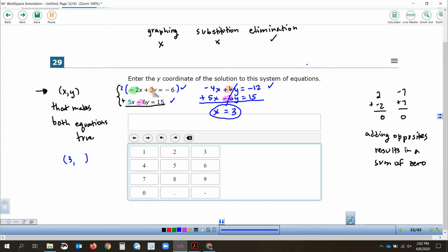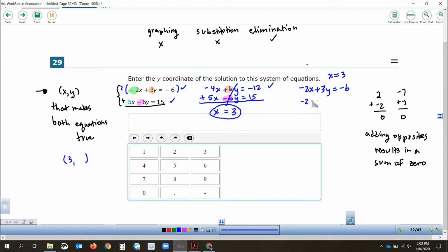All right, I like to use one of my original equations whenever possible. So I'm going to go back to that equation right there. -2x plus 3y equals -6. Again, there are many x's and y's that will make that true. But what do we know? We want to find the y that makes this equation true when x is 3.